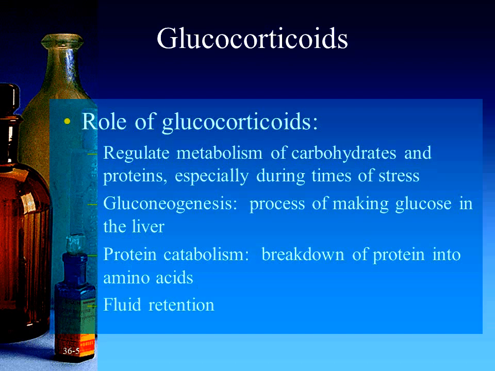Now, the glucocorticoids regulate the metabolism of carbohydrates, proteins, and fats, and they do this especially during stress. I'm not just talking about being stressed out about a test, though yes, it kicks in then. I'm also talking about stress that involves injury to the body, trauma, or surgery.